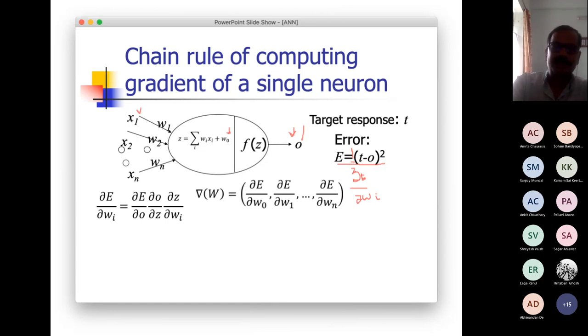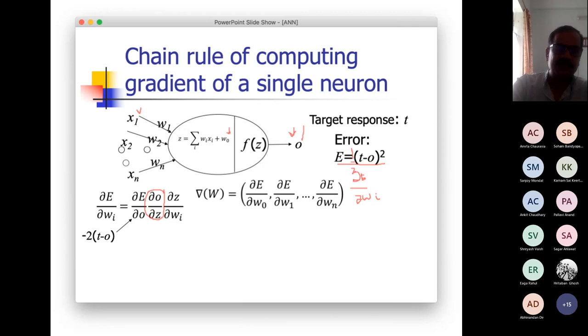One advantage, if you have a sigmoid function, is that you have an advantage in computing this gradient. We'll see that also. In this case, it is minus twice of (t minus o), since I have taken (t minus o) whole square.